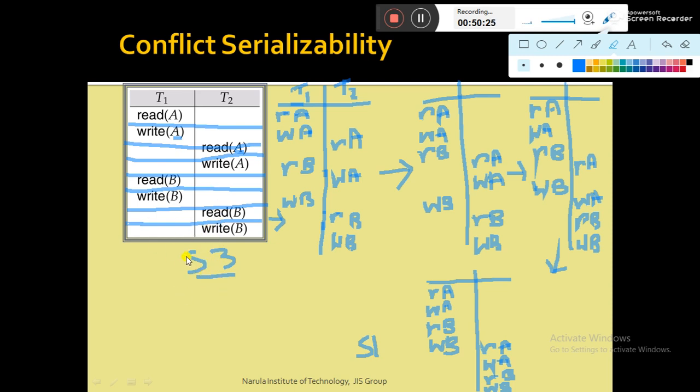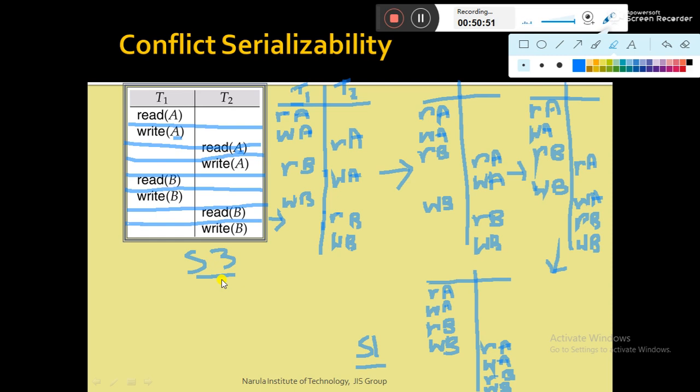That means S3 is conflict equivalent to S1, and as schedule S3 produces the conflict equivalent schedule S1, which is a serial schedule, that is why you can say that S3 is conflict serializable.